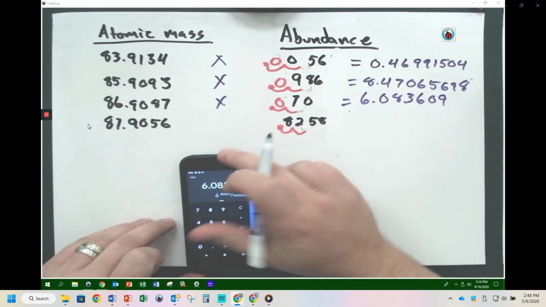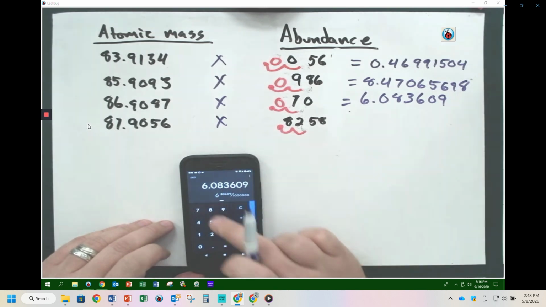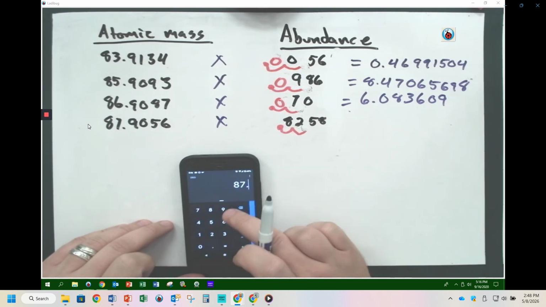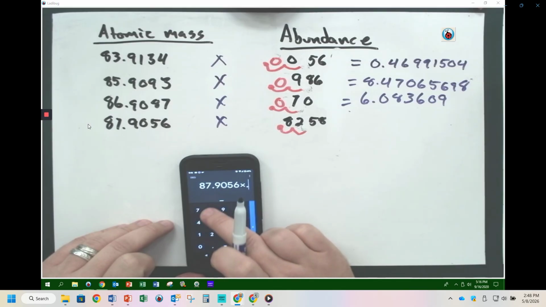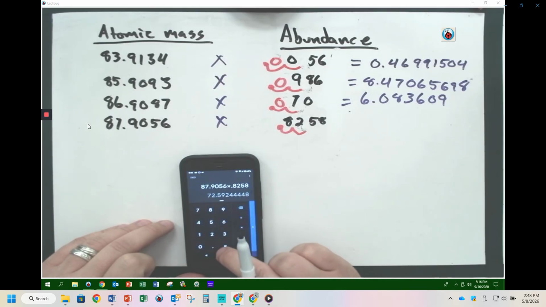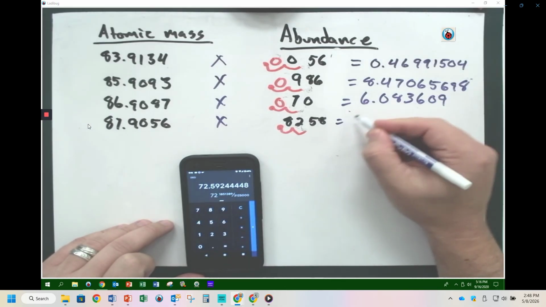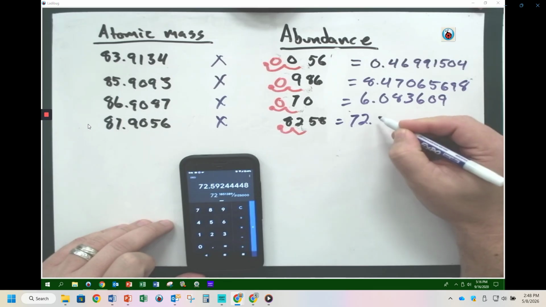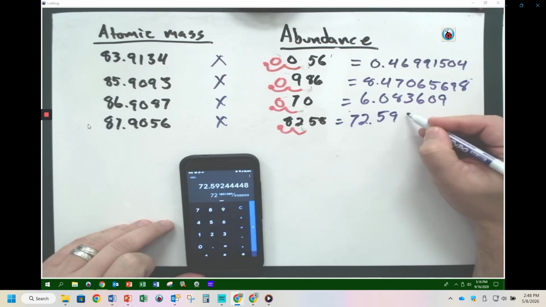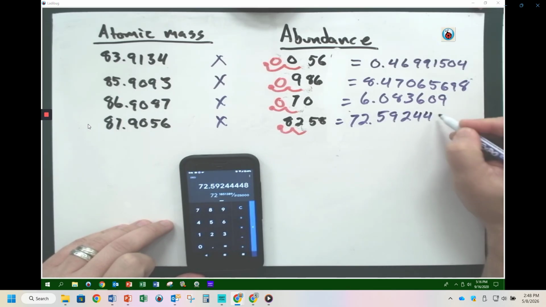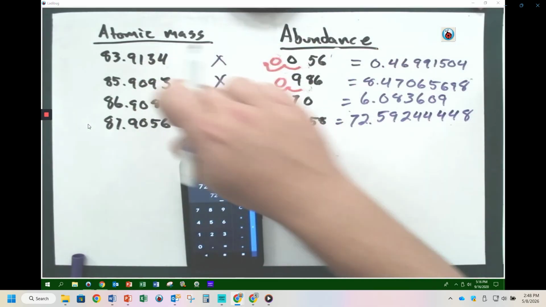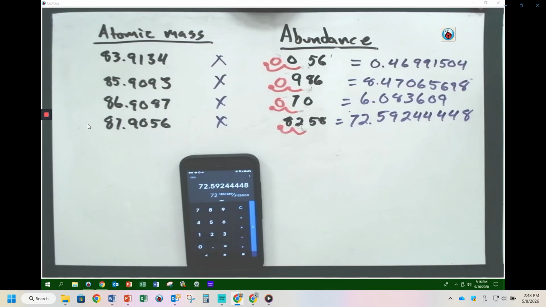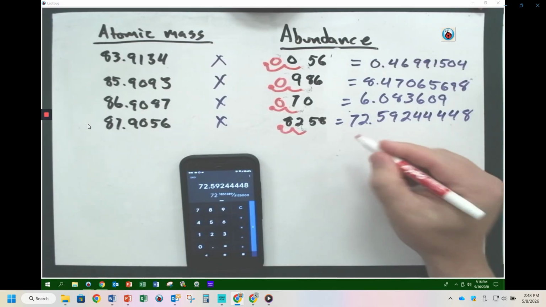All right, and the last one, I have 87.9056 times 0.8258 equals 72.59244448.